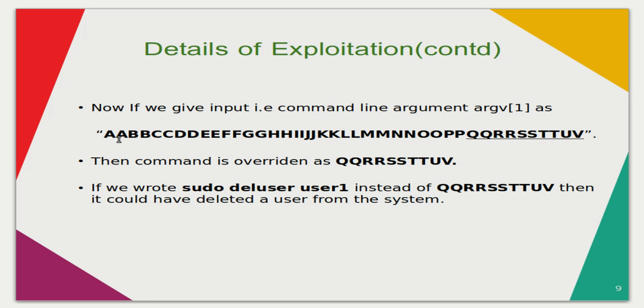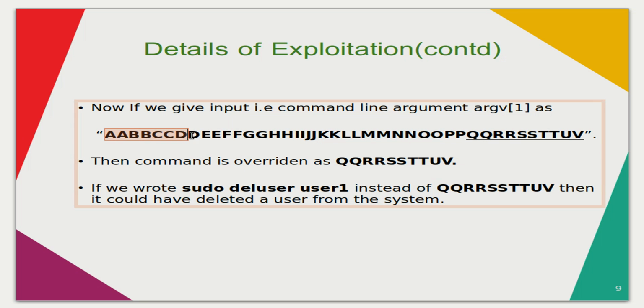Now we see that when we run our program with this long variable, firstly we have run our program with the command line argument a b c d e f g h i j.